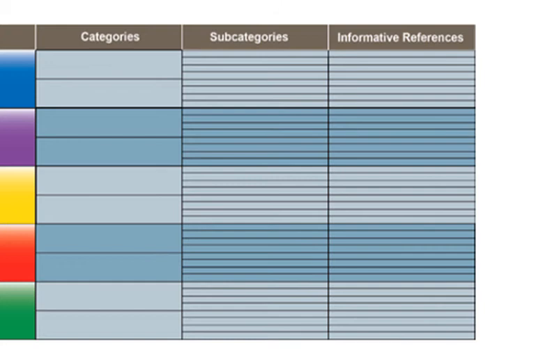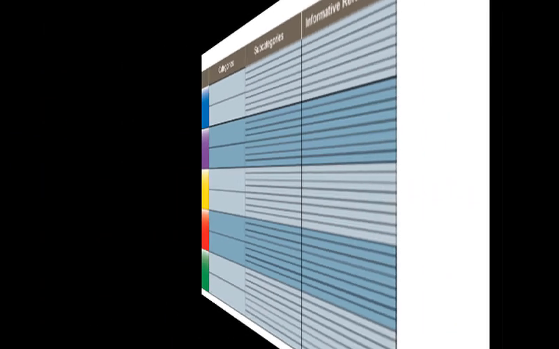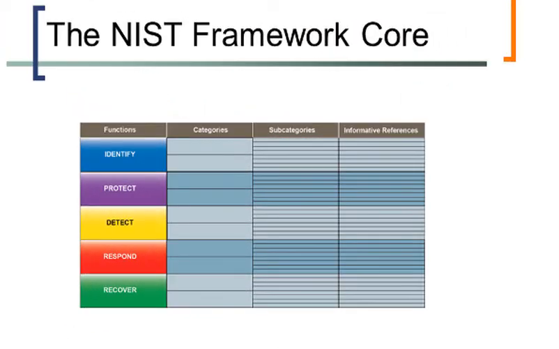And then on the far right column, there are references that provide kind of industry standards for trying to secure and think about the risk related to these functions, categories, and subcategories.